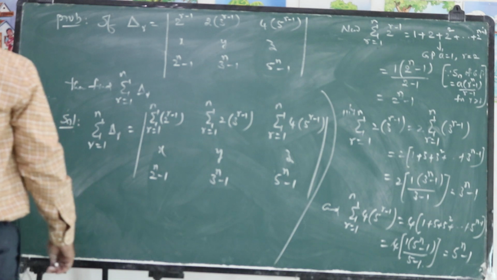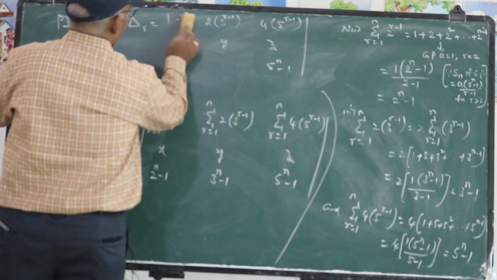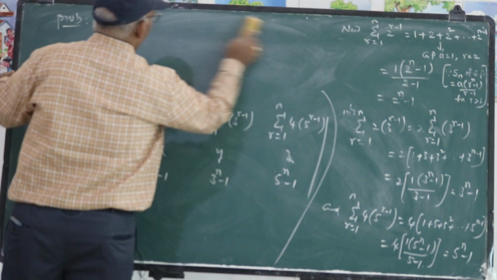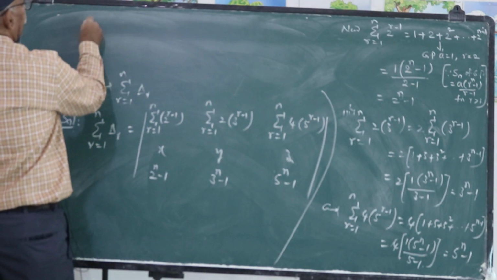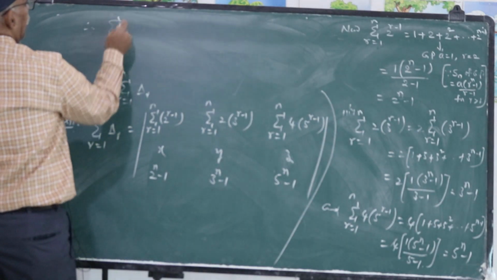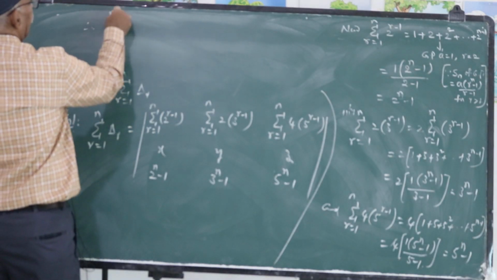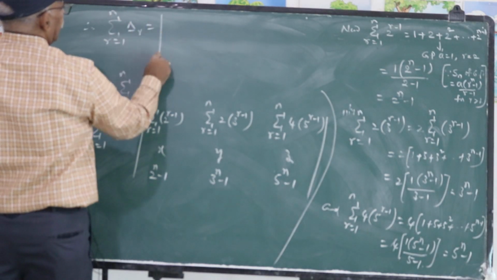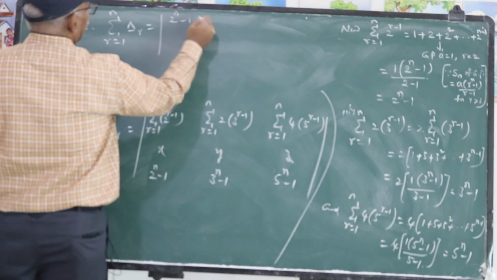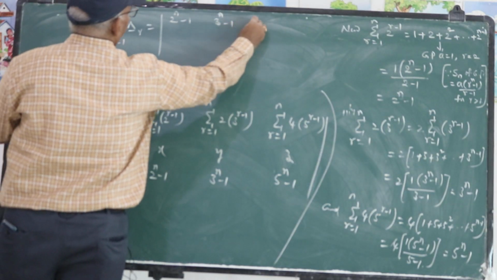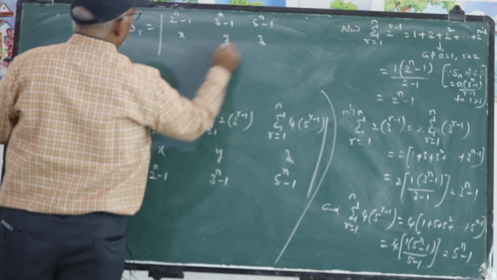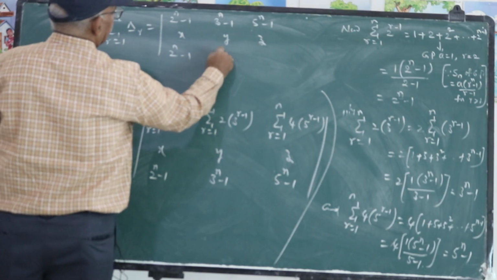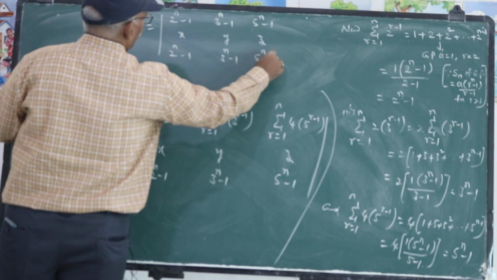So the required determinant, sigma r equal to 1 to n delta r, becomes the determinant with first row 2 power n minus 1, 3 power n minus 1, 5 power n minus 1; second row x, y, z; third row 2 power n minus 1, 3 power n minus 1, 5 power n minus 1.